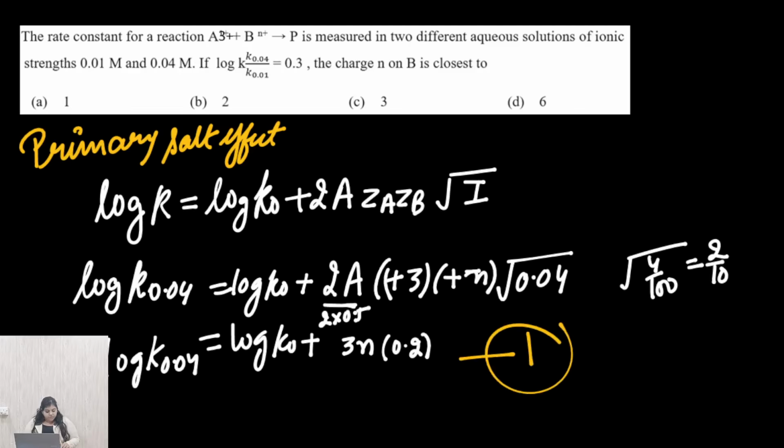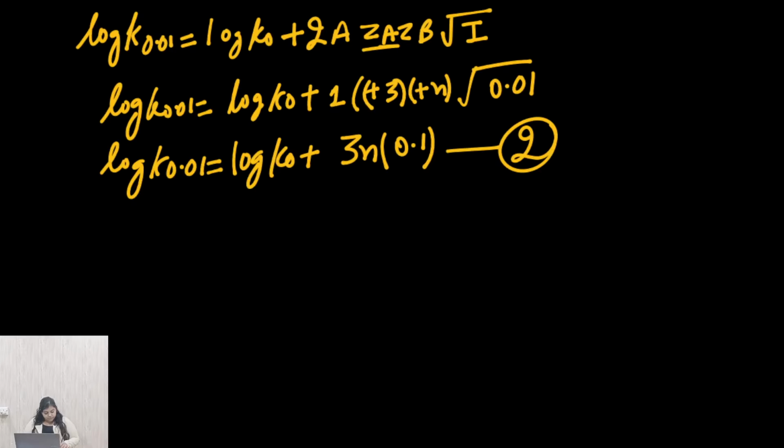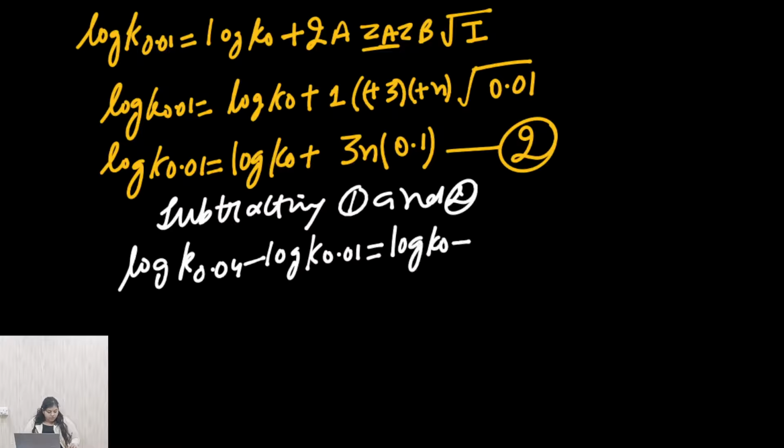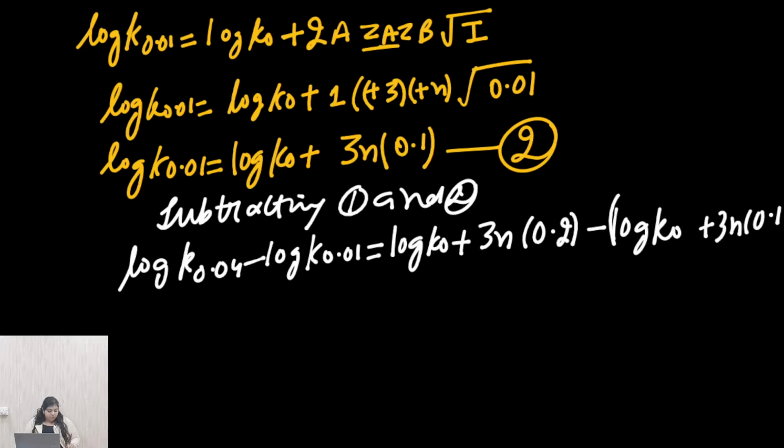So this is number 2 and this is number 1. We have been given the ratio of these two rate constants, so you can subtract equation 1 and 2. Subtracting, we get log of K 0.04 minus log of K 0.01 equal to log of K naught plus 3n times 0.2 minus log of K naught plus 3n into 0.1.